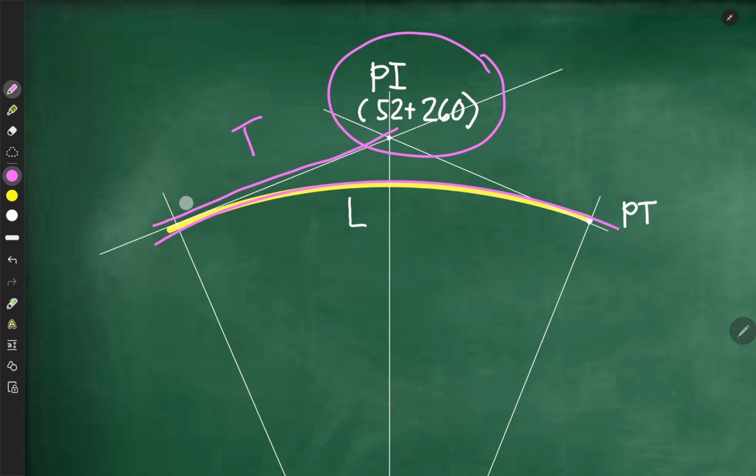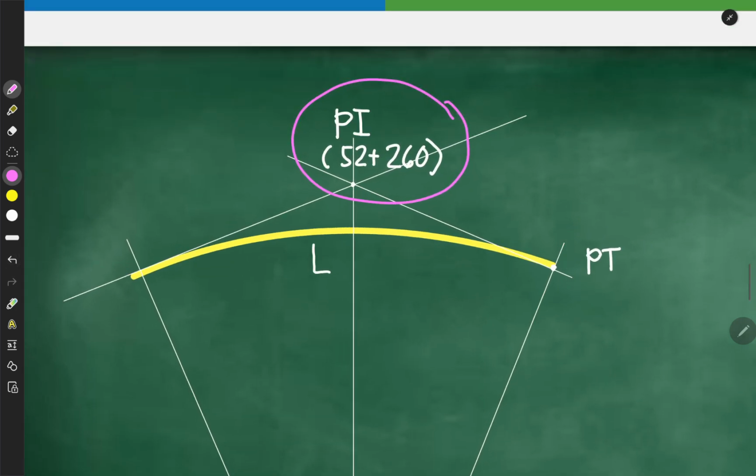That is the proper way to solve for the stationing of PT given the stationing of PI.